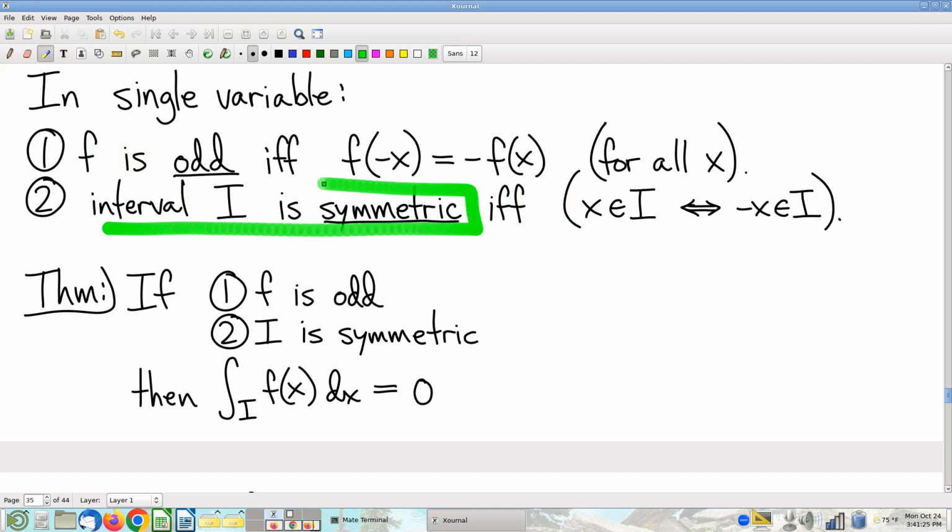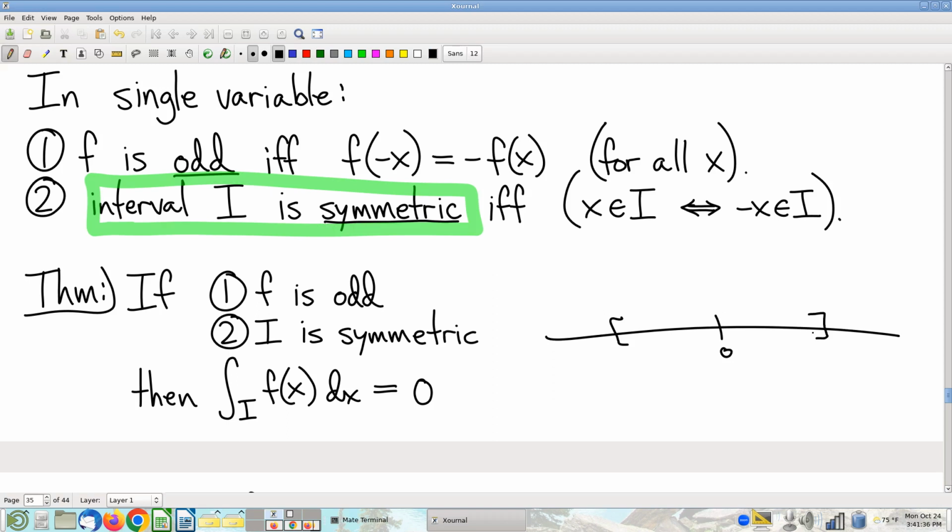This idea of a symmetric interval. What I mean by symmetric is that it's an interval that if you reflect it over the origin, you can think of it as rotating around the origin, or again, I like the concept of a reflection.